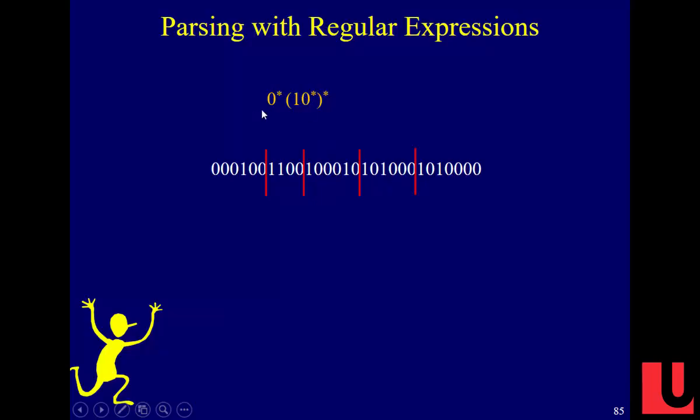And where can the zeros go? It could begin with a 0, and then you can put zeros wherever you want, pretty much. So what does this express? Are there any restrictions? Can you think of a 0, 1 string that's not in there?